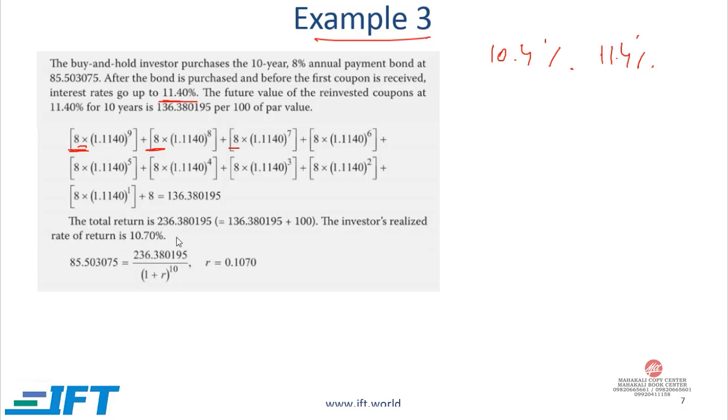So the total return is 236.38, a larger number. And when we calculate the IRR, that is 10.7%. For the buy and hold investor, an increase in interest rate is a good thing because he can now reinvest coupon payments at a higher rate.